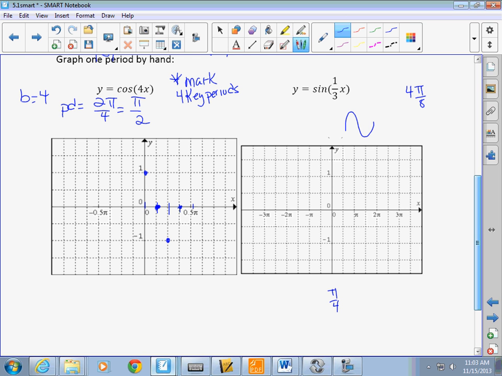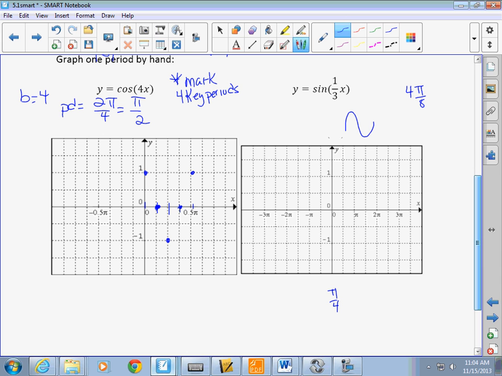So you divide your graph into the 4 even parts. You mark where the zeros are. So I know on a cos graph I don't start at 0. My next spot is my 0. So I didn't start at 0, I had to start at 1. So then I know the next section has to be 0.